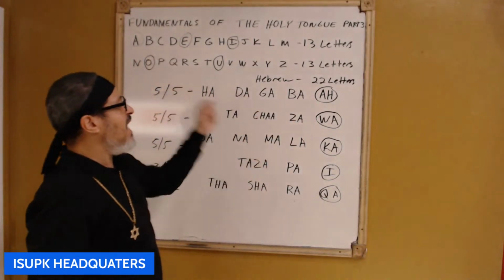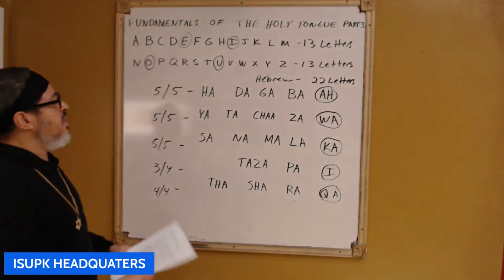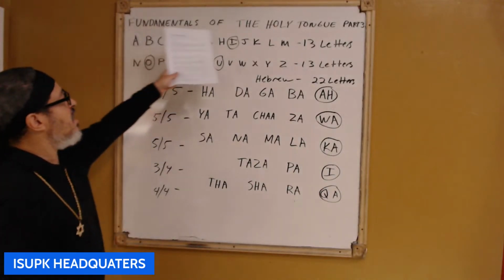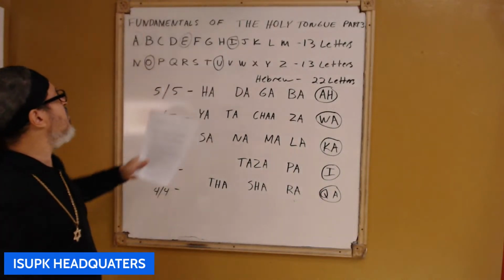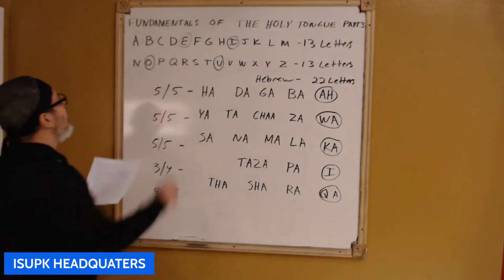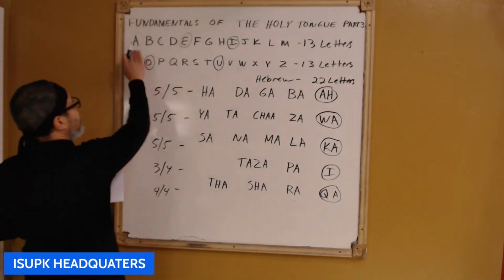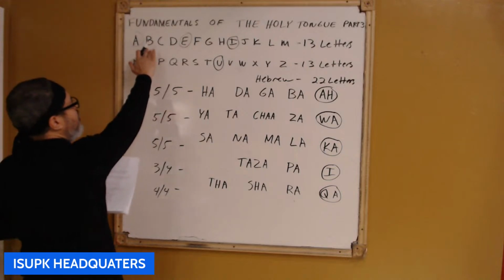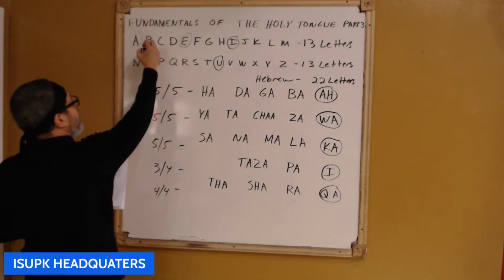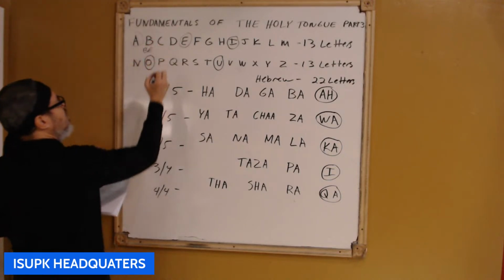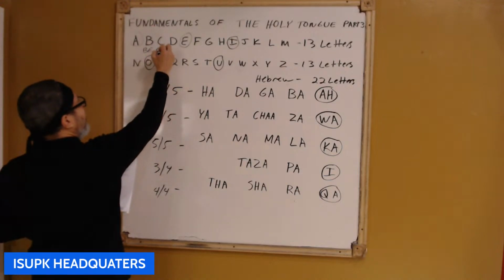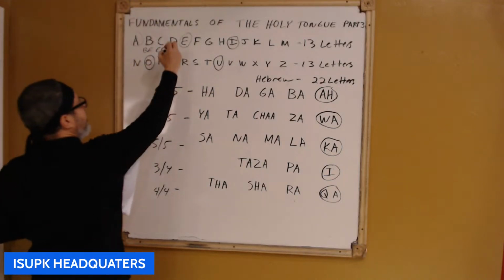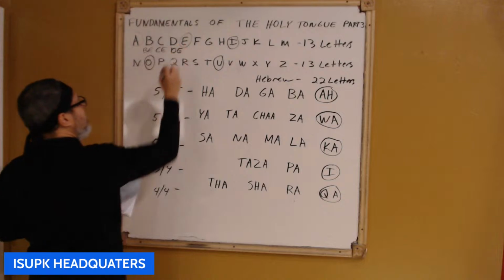So as you see, it's a lot easier than English in that there's not these typical kind of vowels like these E's and all that. Because if you think about it, what does English do? It says A. That's not an A sound. But they try to say A. And then they say B. B is like, if you spelled it out, it's like B-E. C is like C-E. D is like D-E.